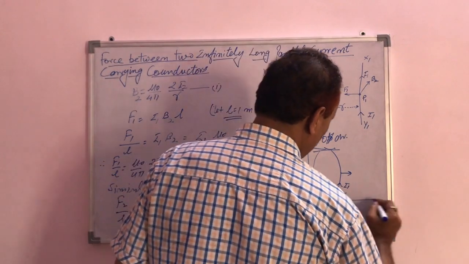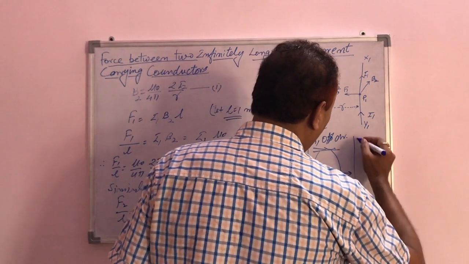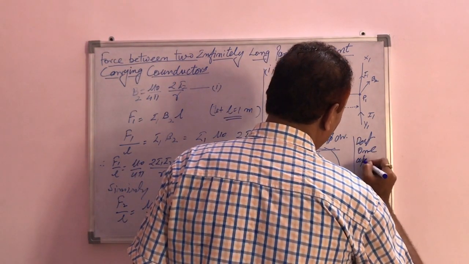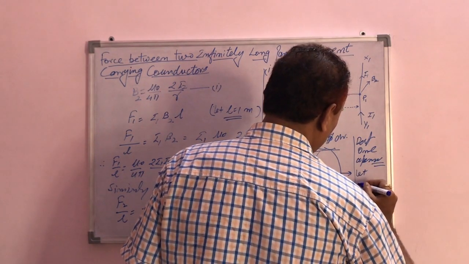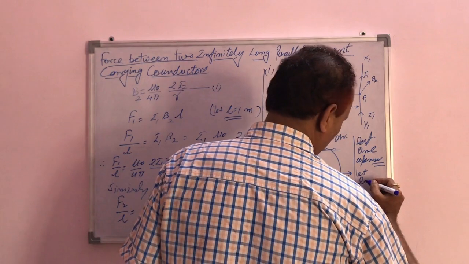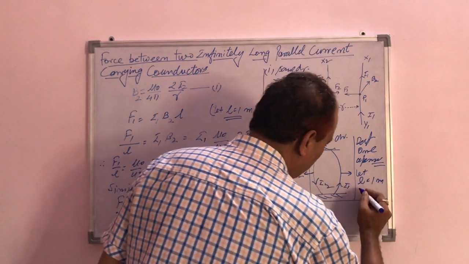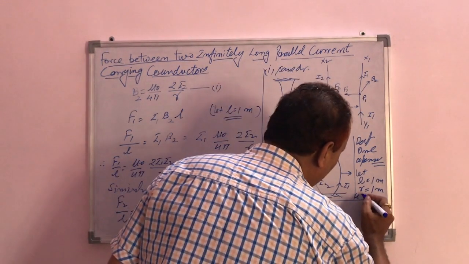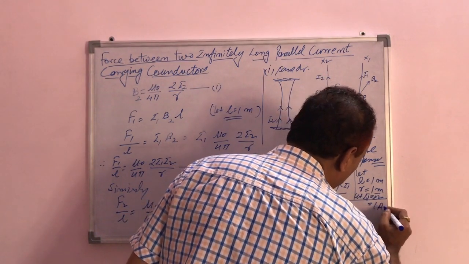The last important thing connected to this article is the definition of 1 ampere. We can find the definition of 1 ampere. Let the length of the wire be L equal to 1 meter, and they are separated by a distance R equal to 1 meter. Let current I1 equal I2, say equal to 1 ampere.